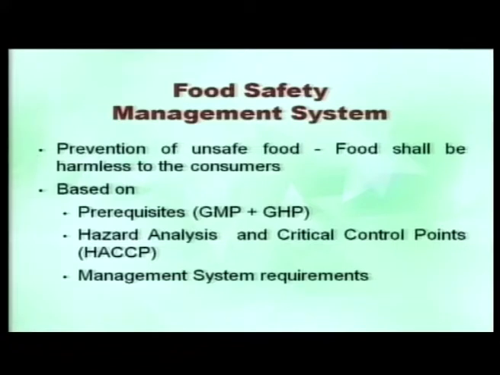If you consider the food safety management system as your own house, then your prerequisite programs become the foundation of that house. You can imagine, if you want a very safe house, how well built and well understood your foundations should be. Similarly, for a food safety management system, you need to have sound foundations of your prerequisite programs.